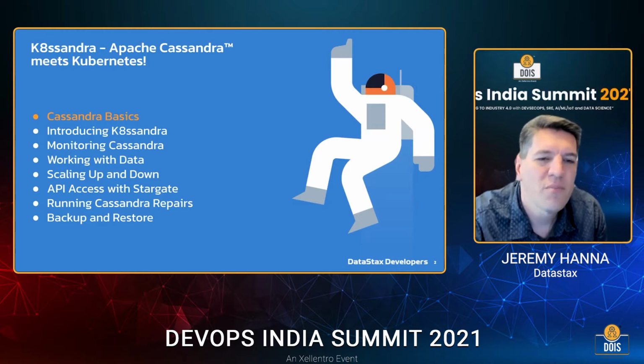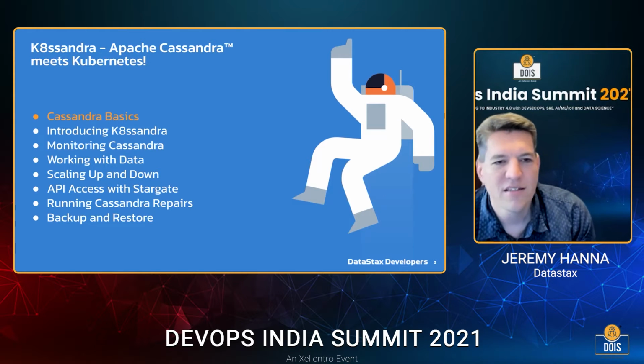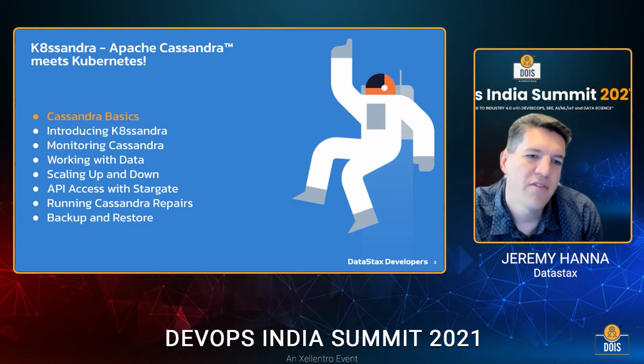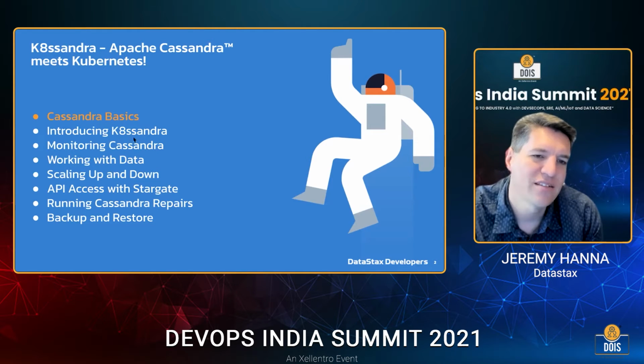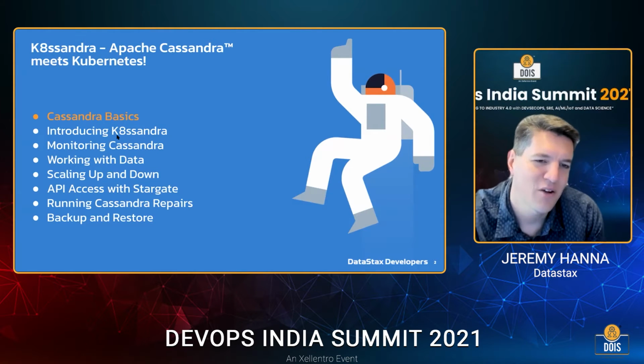I'd like to start with some basic understanding of what Cassandra is, and then talk about what K8ssandra is. You know, people always like to have a play on words when it comes to project names.